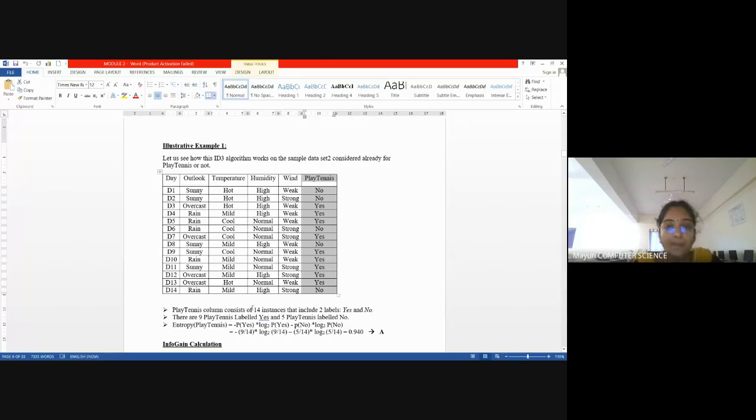So the entropy I have to calculate is the entropy of the target concept of the complete sample.